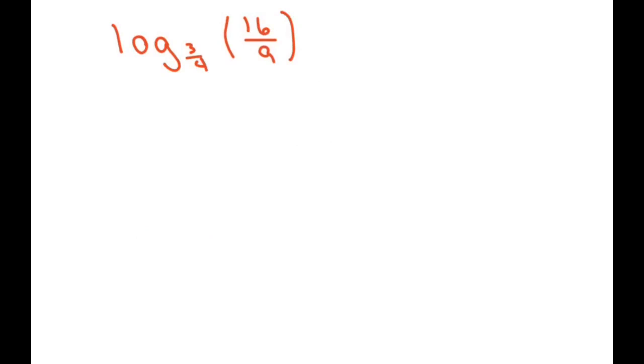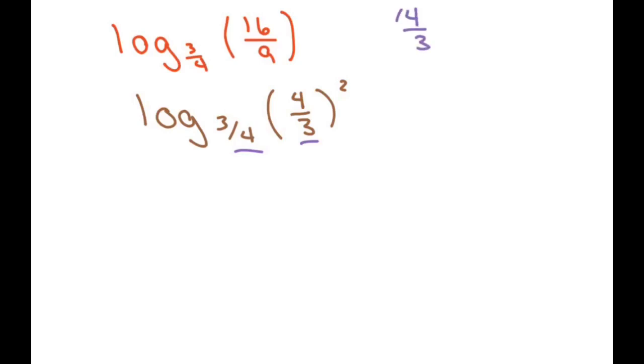Okay, this one. I'm going to rewrite this as log base 3/4, and I'm going to write this as a square. So that's going to be 4/3. Now, if you notice, these bases don't match, but I can flip this by noting that 4/3 squared is the same as 3/4 to the negative 2 power, because the negative just flips the numerator and the denominator.